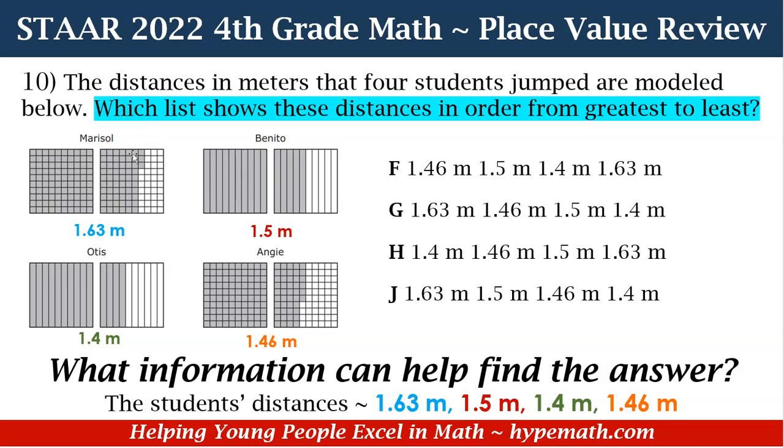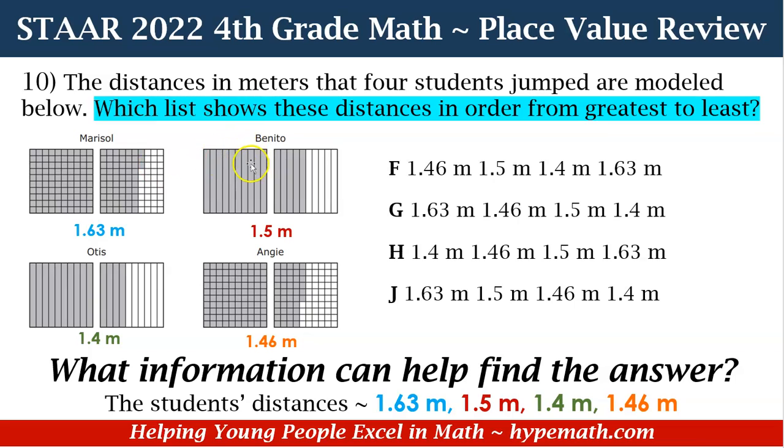So that is 6 fully shaded columns. And then in the next column, there are only 1, 2, 3 shaded. And so that represents 1 and 63 hundredths meters.